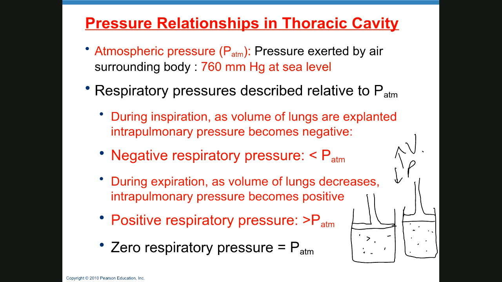What that does is now the area is bigger, and that's going to decrease the pressure. The pressure is due to gas molecules bumping against the walls of the container and against each other. If we make the container bigger, it's less likely for these air molecules to bump against each other, so there's less pressure.